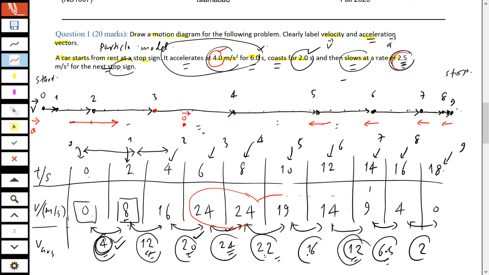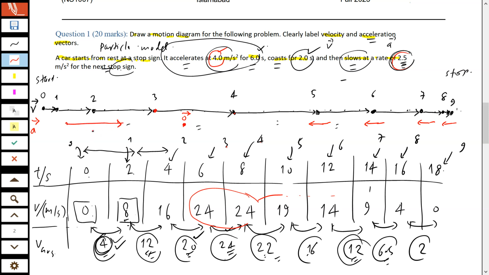You can have more arrows here if you want, provided they are long enough. But I think that one arrow is enough because we have little space here.